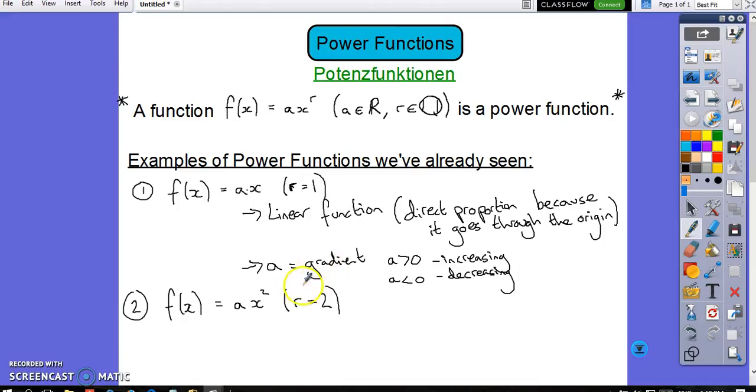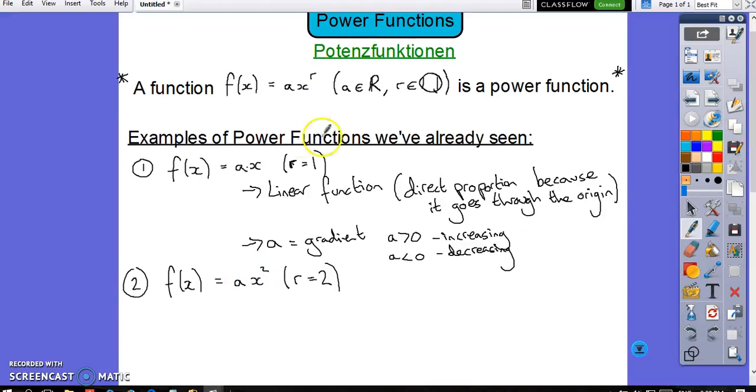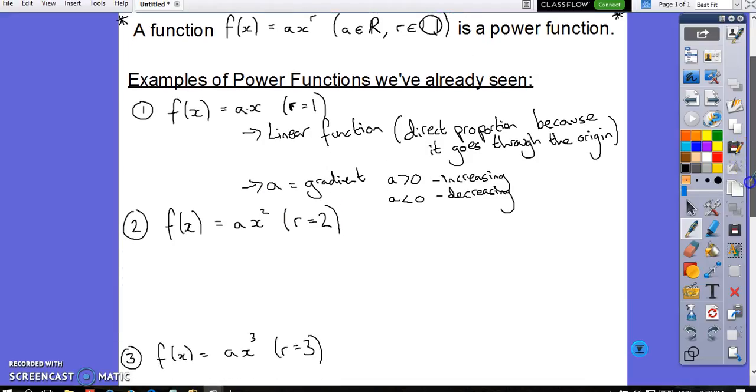A second example we've already seen is with x squared in it. Now we've also been looking here, like we have with linear functions of ax plus d, we've been looking at things times x squared plus times x plus some constant. So this is actually a simpler version of the types of quadratic functions we've already been looking at.